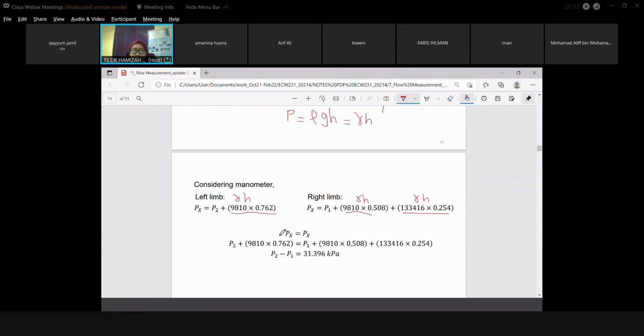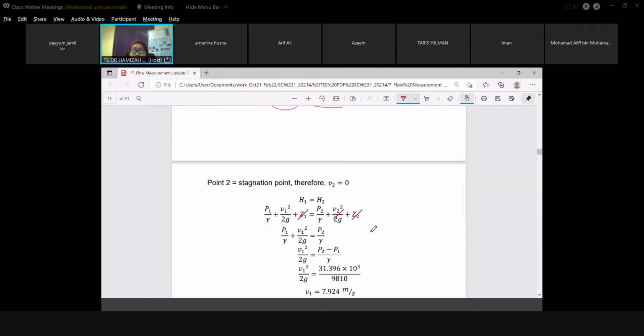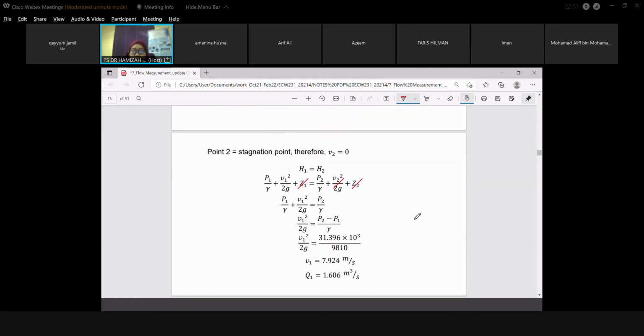Then equating both sides, you get the difference of pressure, which is P2 minus P1, is 31.396 in kilopascal. And then we can apply the Bernoulli equation to find the velocity.